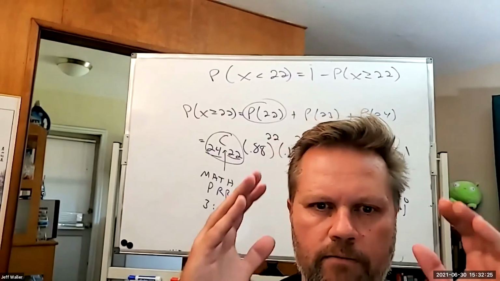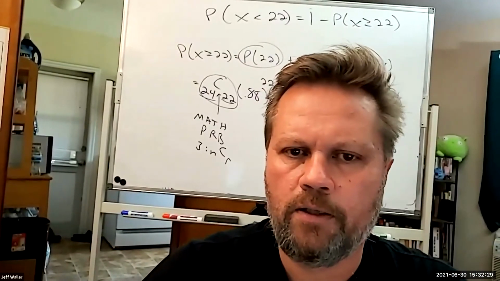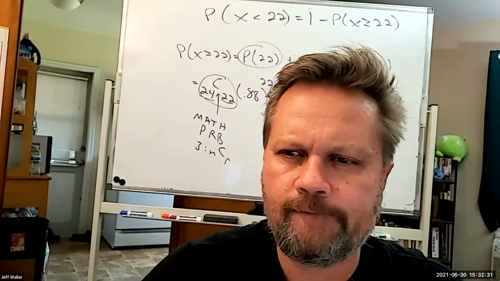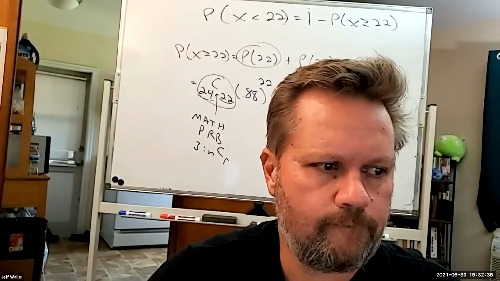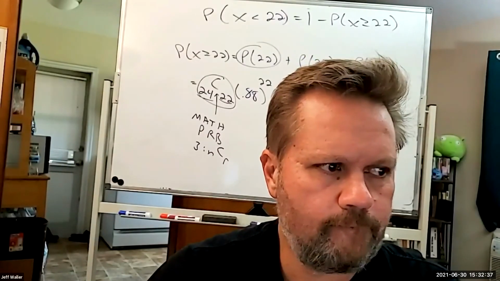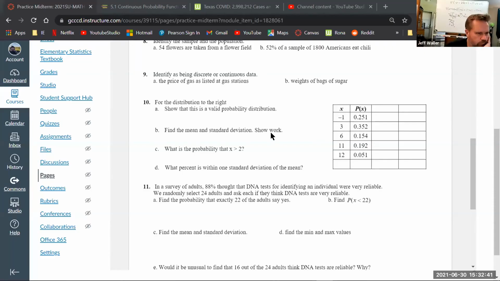Any other type of problem that you still need to look at? For C and D for number 10, I just want to make sure I'm doing this correctly. It's asking for the probability that X is more than 2. So you would take 4 out of 5, correct?